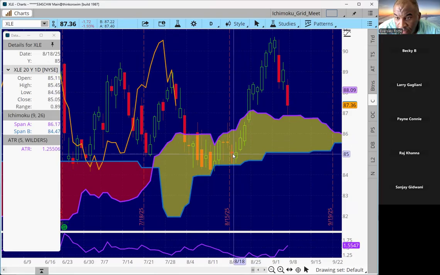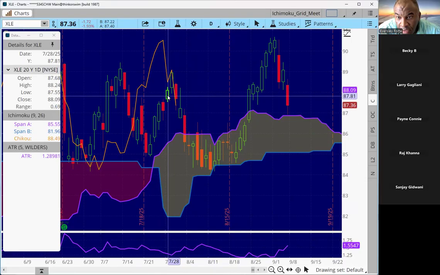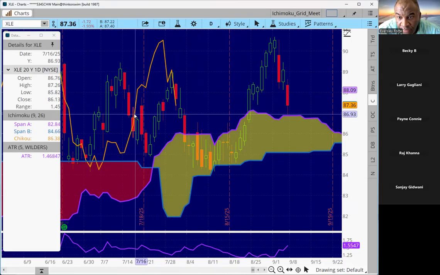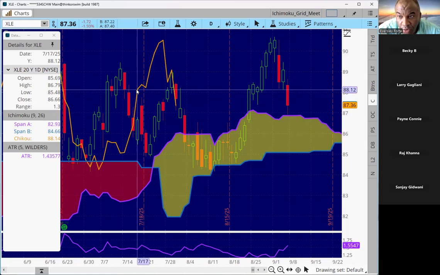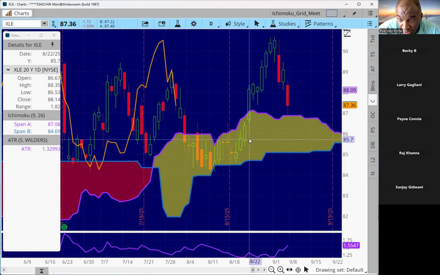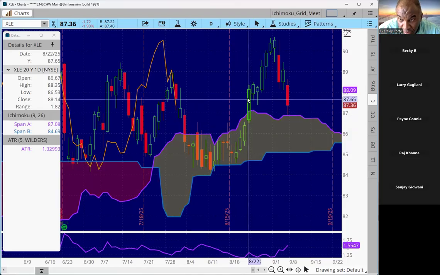Counting 26 days back, 26 days ago, the Chikou was above the cloud. That is the confirmation. Here is our setup. Price closes above the cloud.